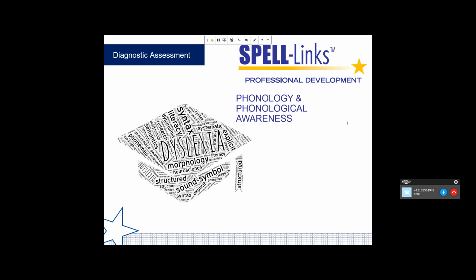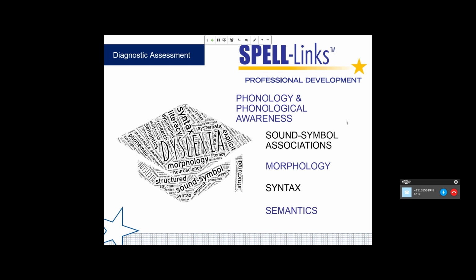We know through neuroscience research, through behavioral research, that these linguistic underpinnings are deficits in students with dyslexia, as well as other language-based reading and writing problems. And so when we look at these different areas in great detail, we can then have the data we need to put together an intervention plan that is tailored specifically for the student.